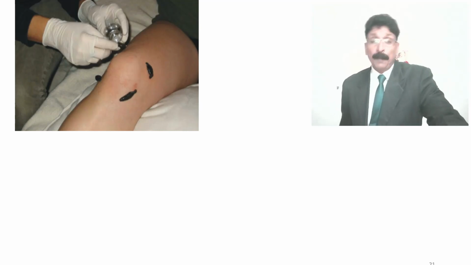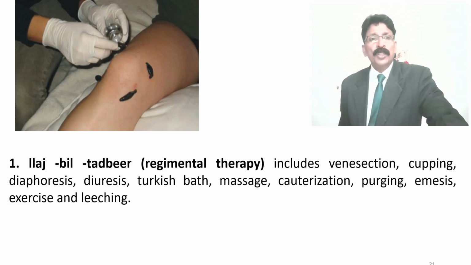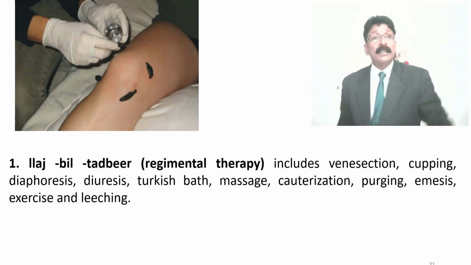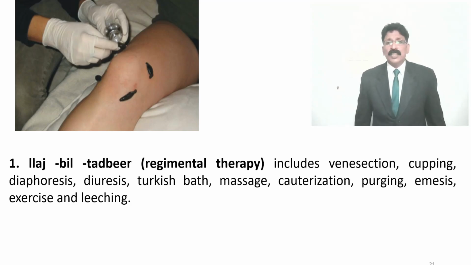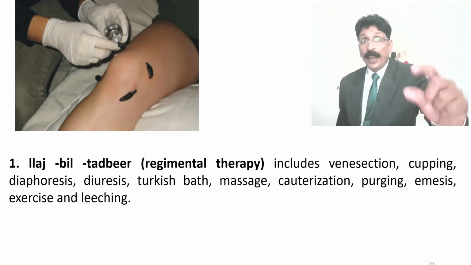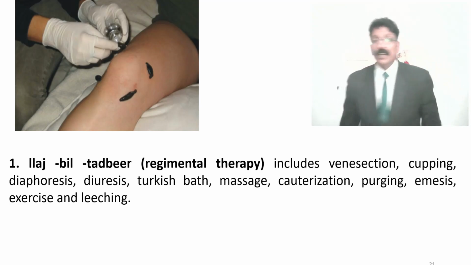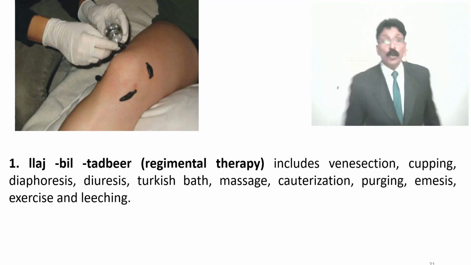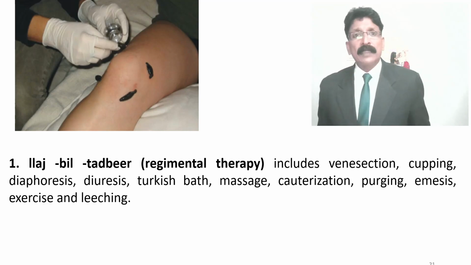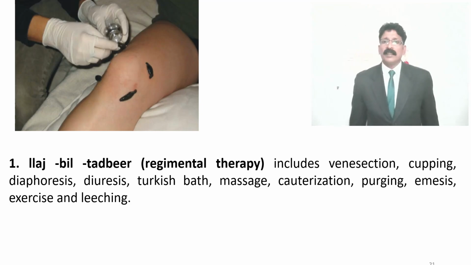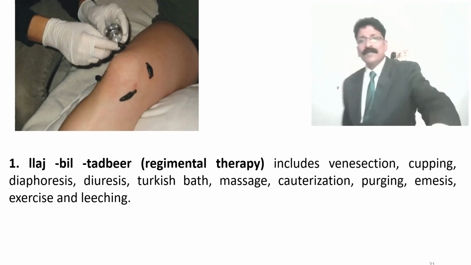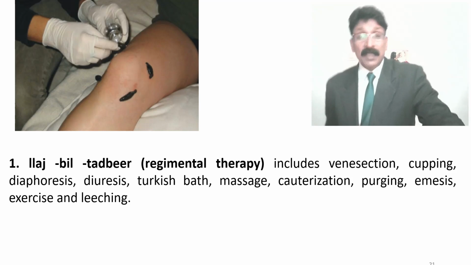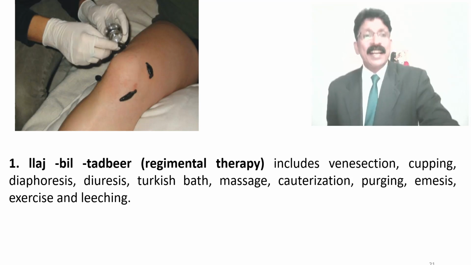The treatments have many designs, such as cupping and leeching. Ilaj bil Tadbeer, that is regimental therapy, includes venesection, cupping, diaphoresis, diuresis, Turkish bath, massage, cauterization, purging, emesis, exercises, and leeching.